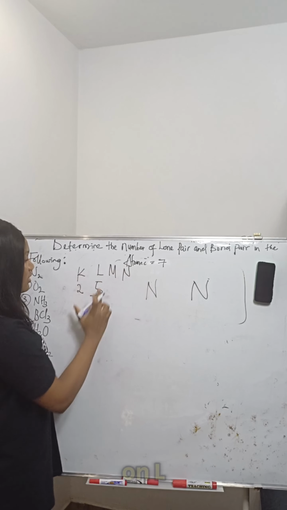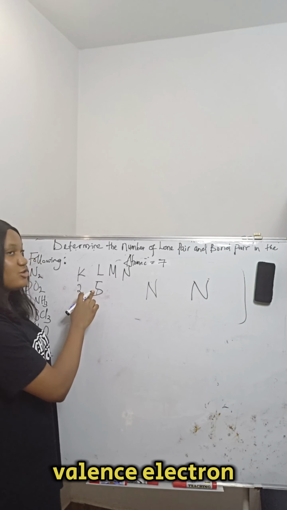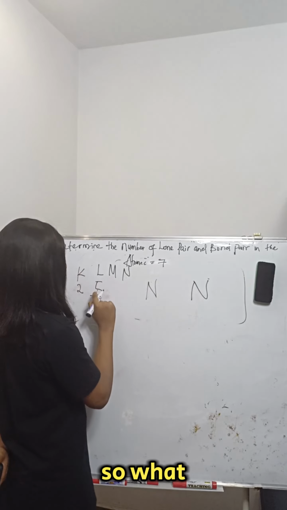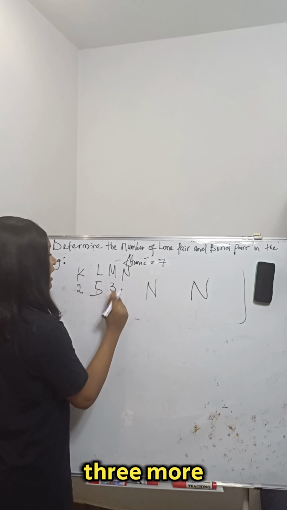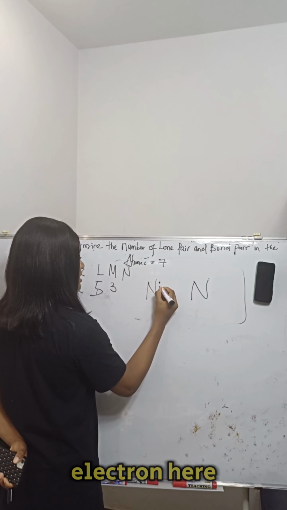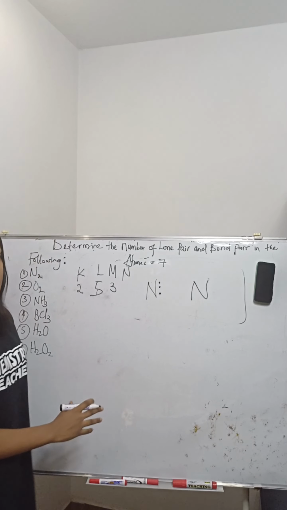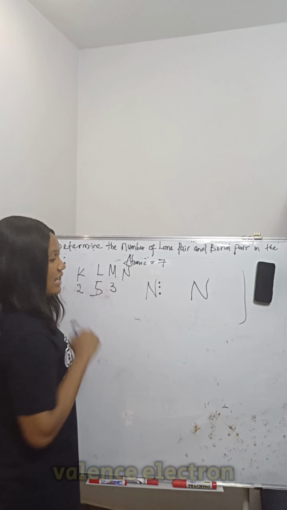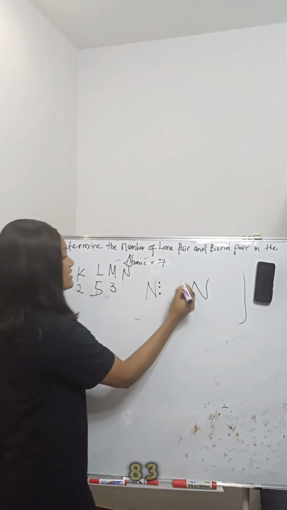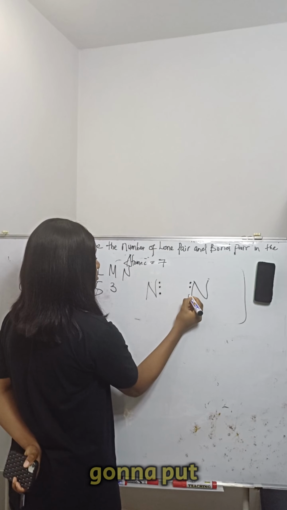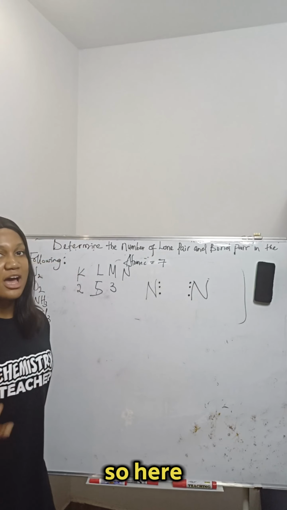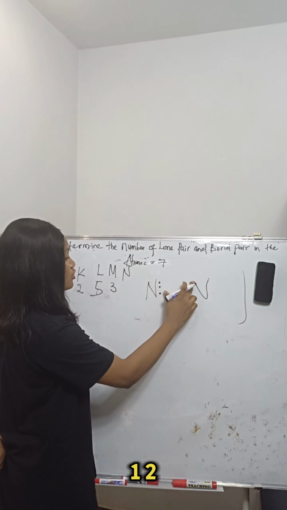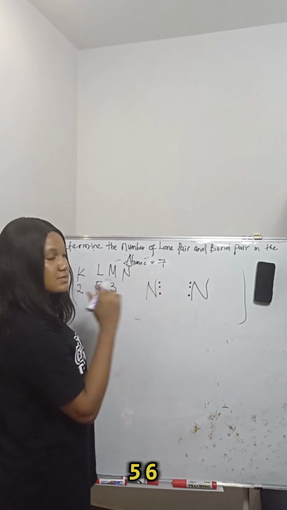This nitrogen falls on the L shell and the valence electrons on that L shell are 5, but we need 8. So what is going to make this 8? 3 more electrons. I'm going to put those 3 electrons here. Same with this nitrogen. It has 5 valence electrons. What's going to make it 8? 3 electrons. And I'm going to put those electrons here. So here we now see that this nitrogen now has 1, 2, 3, 4, 5, 6.